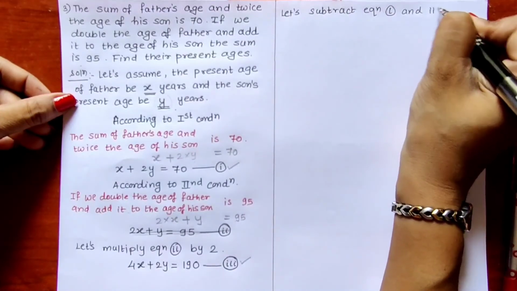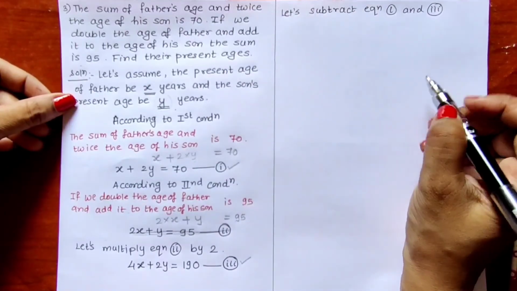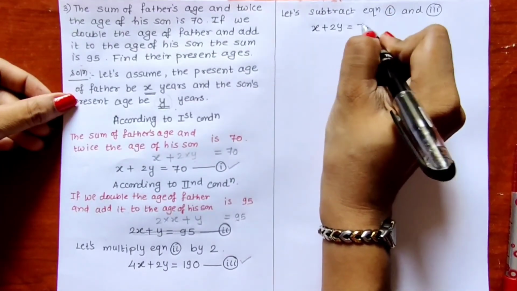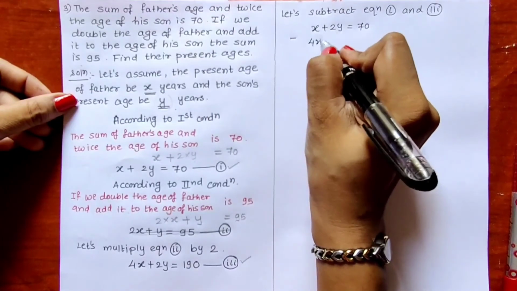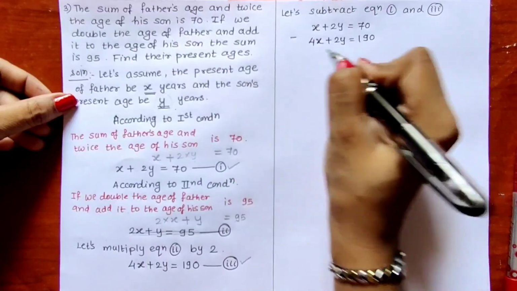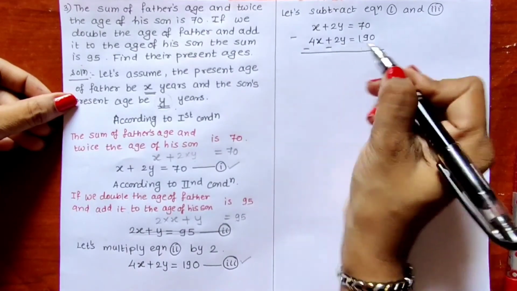Okay, we will not consider equation number 2 now. So 1 is x plus 2y is equal to 70 minus equation number 3 is 4x plus 2y is equal to 190.